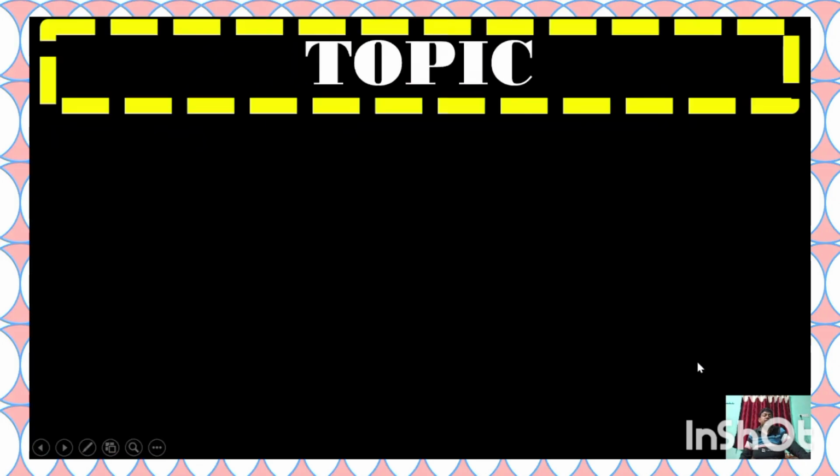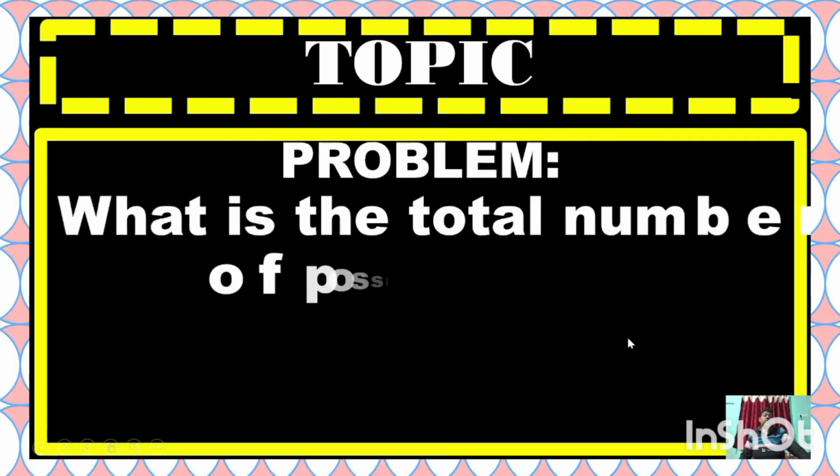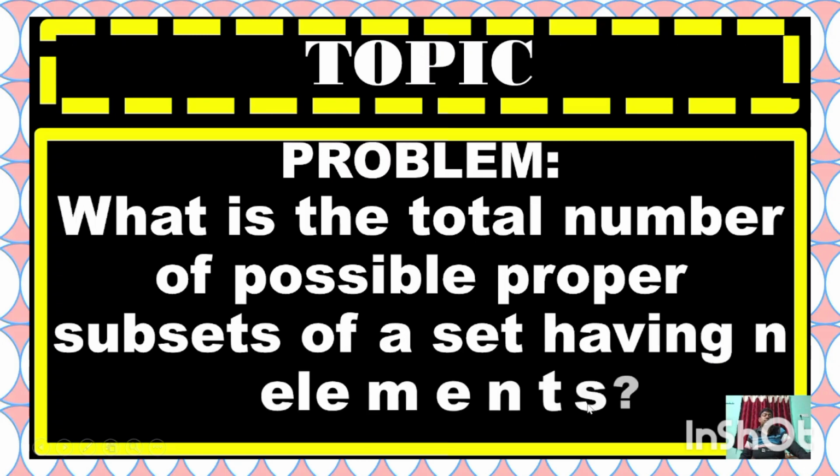Another interesting problem which I am going to discuss vividly for you: what is the total number of possible proper subsets of a set having n elements? So these are the many questions I am going to discuss. Most important problems. I hope it will help you, and you will also find interest in learning these problems, which are mostly useful to you.